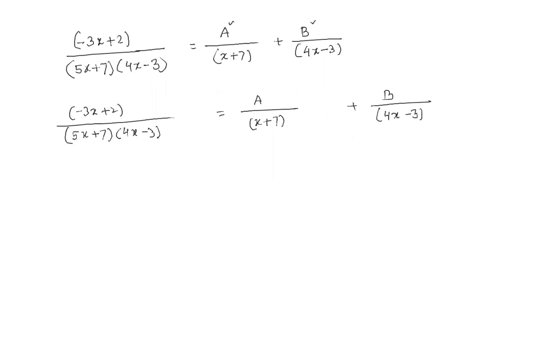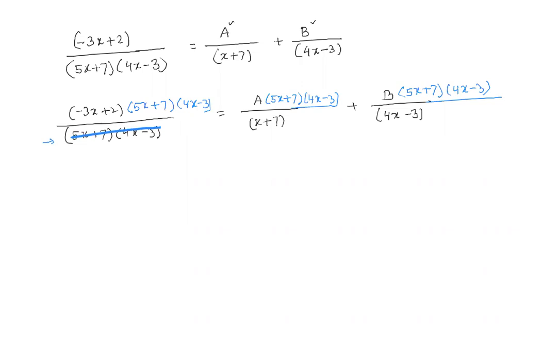Now what I'm going to do is multiply both sides by the denominator, which is 5x plus 7 times 4x minus 3.